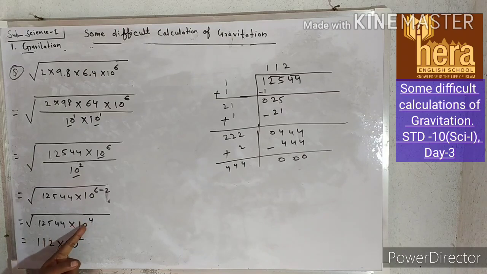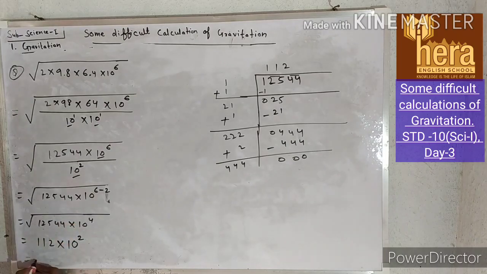Suppose here is 10 raised to 8, outside the root this will be 10 raised to 4. If 10 raised to 10, outside the root this will be 10 raised to 5. 10 raised to 12, then if you take it out from the root, you will get 10 raised to 6.